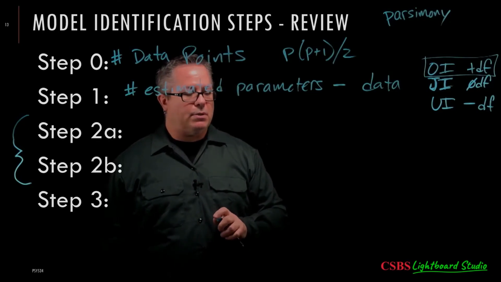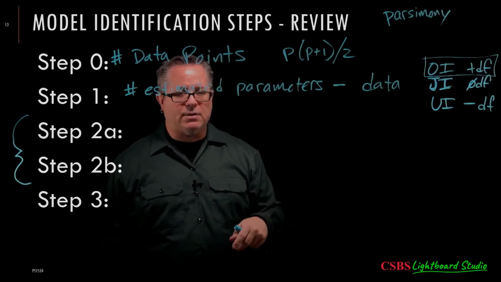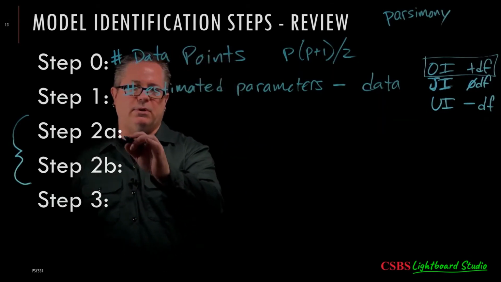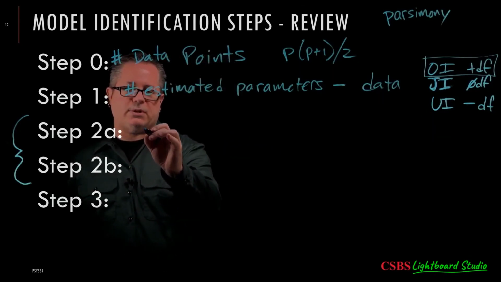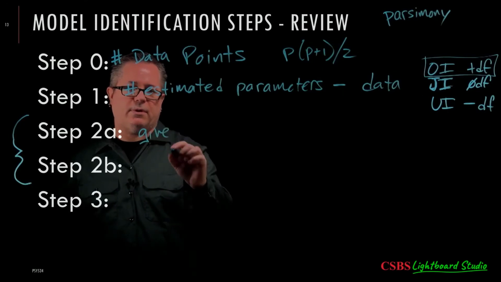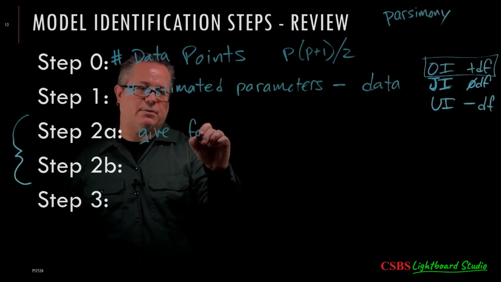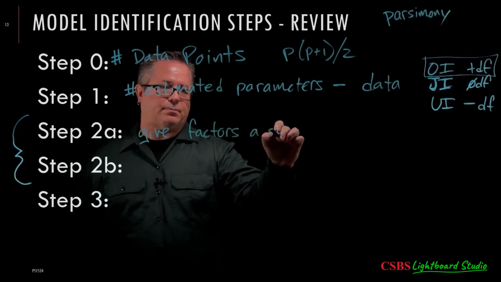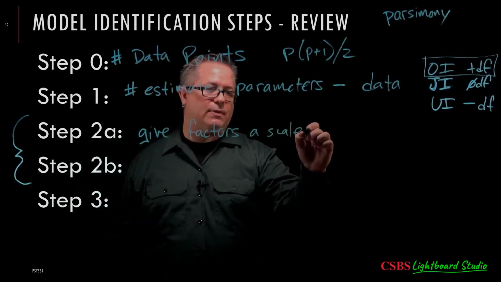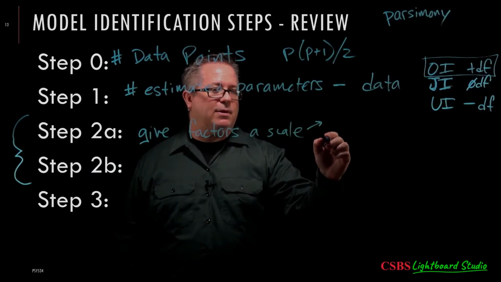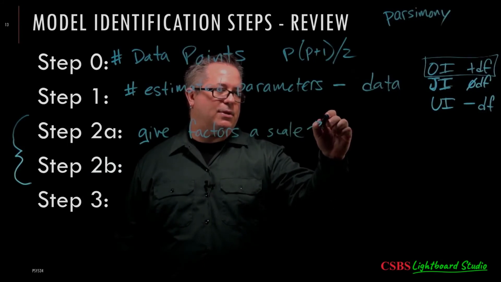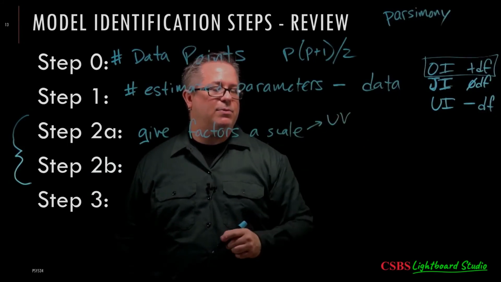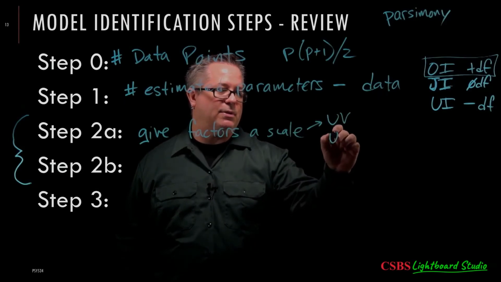So the artificial way is just to assign, so step 2A, I'll just say, is to give any factors a scale. And there's 2 ways for that. I called it the unit variance approach, UV, and there's a unit loading approach.